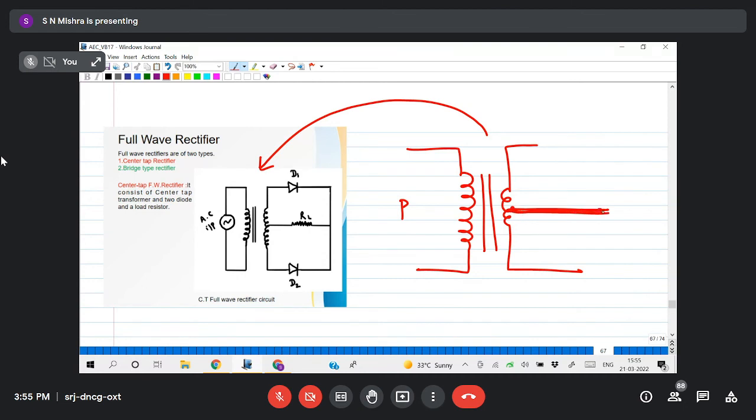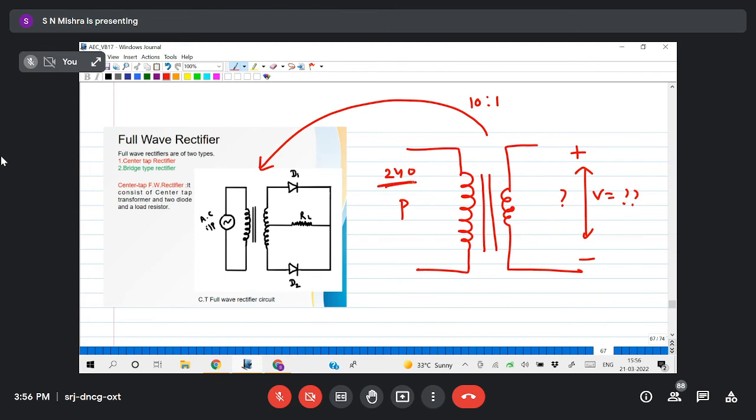So if you take this case, then we'll get two voltages here. This is one voltage, this is another voltage. Okay, this is V1, this is V2. Suppose I take a 10:1 ratio and 240 volt here. Then if I do not take a center tap, what is my voltage in the secondary winding?